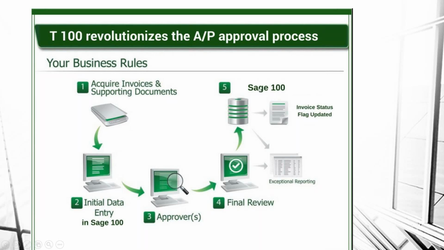So the information is now stored in Sage 100, and your financials have been updated. And then when you're processing checks, we have the ability to take the checks and attach them to the invoices as well.